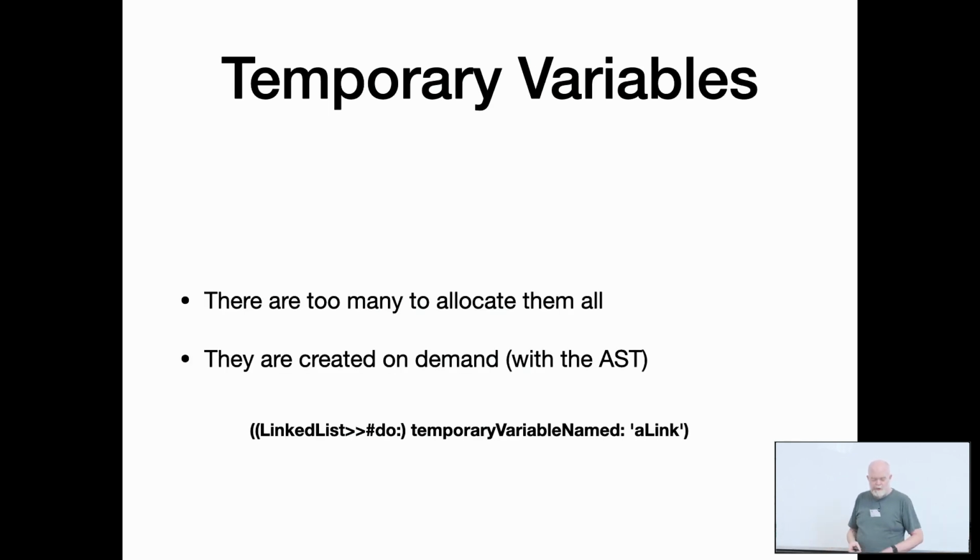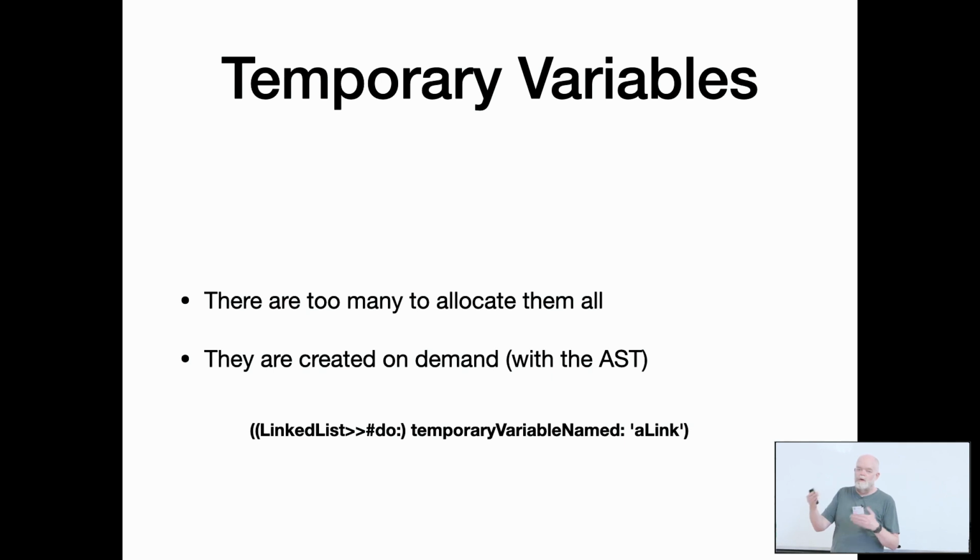For temporary variables, it's a little bit different because we cannot afford to instantiate all temporary variables. We cannot have one instance for every defined temp in the system because there are quite a lot. But we can deal with them the same way we deal with the AST itself. The temporary variables are created when the AST is created, and they are garbage collected when the AST is not needed anymore. This means it's quite natural to work with them because they have the same lifetime.